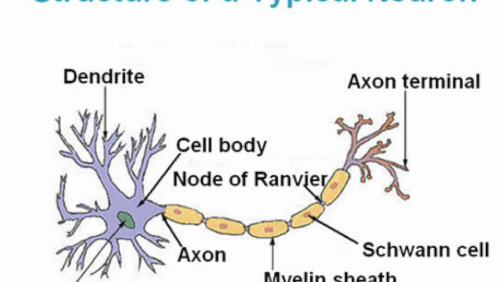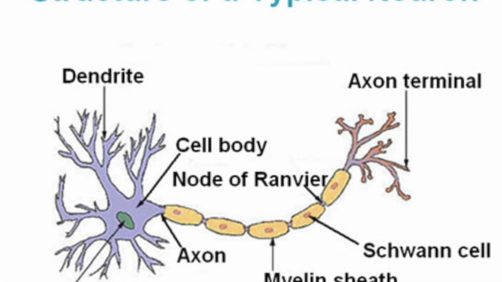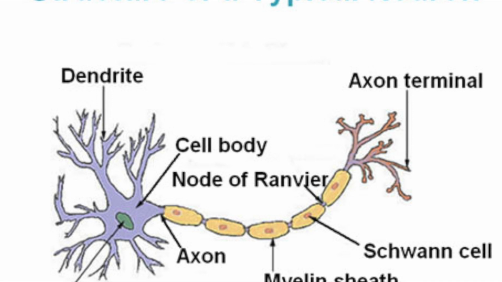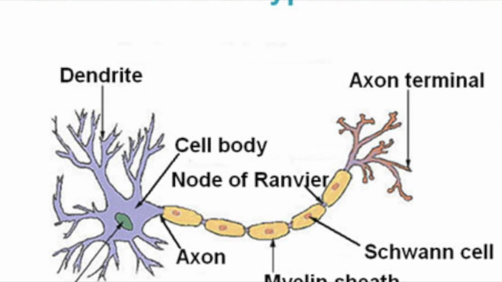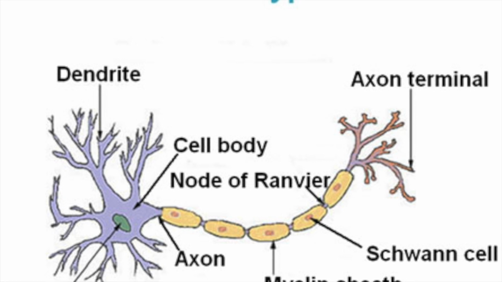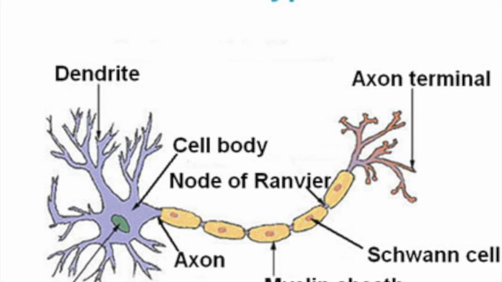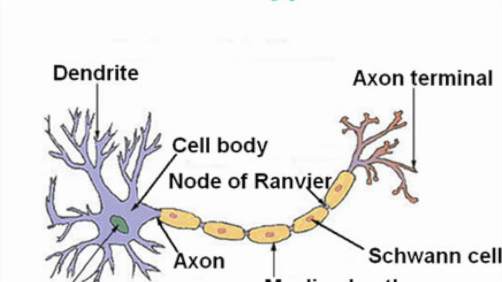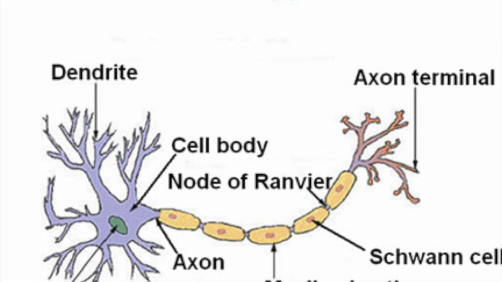Okay, so before we jump any further, we need to know what a neuron is. A neuron is an electrically excitable cell in the nervous system that functions to process and transmit information. In vertebrate animals, neurons are the core components of the brain, spinal cord, and peripheral nerves.